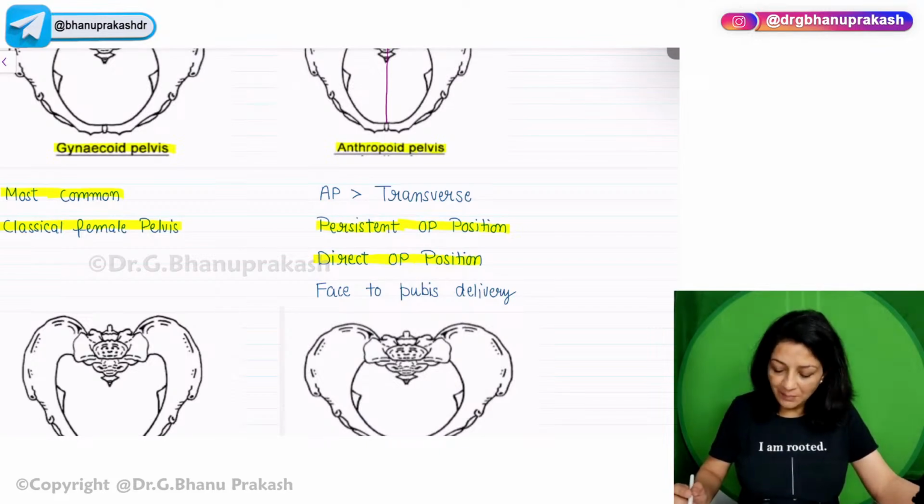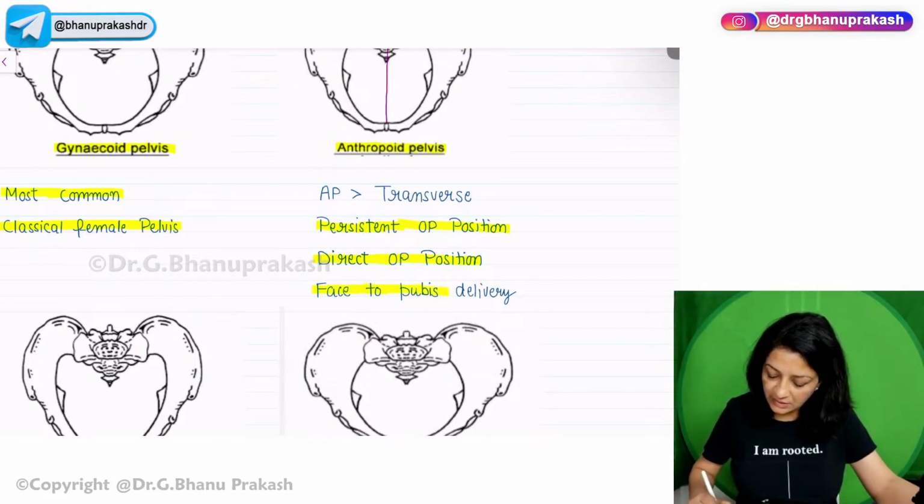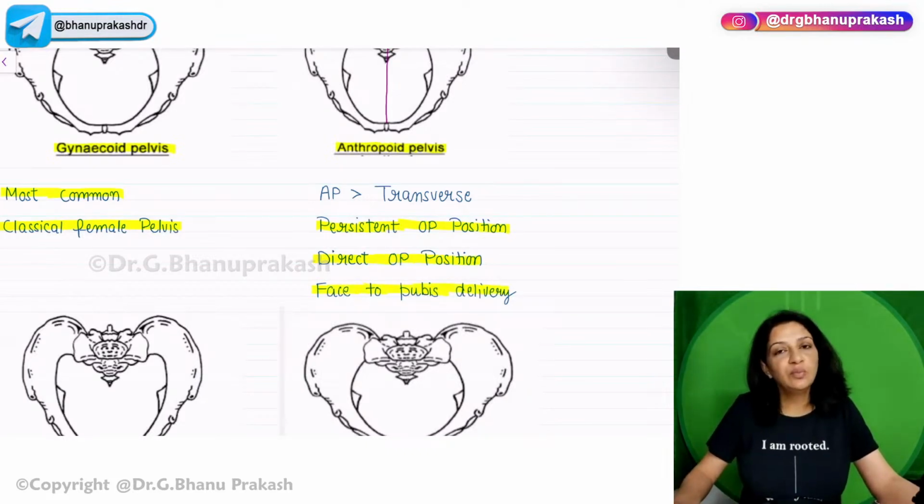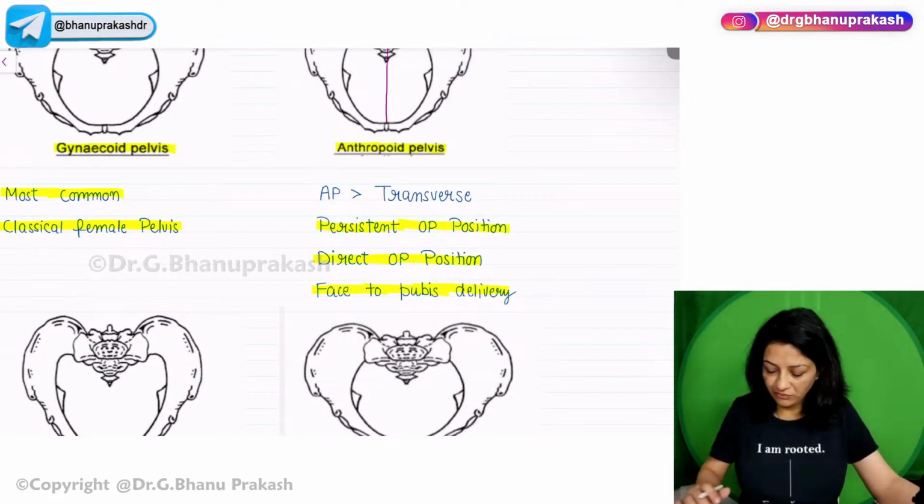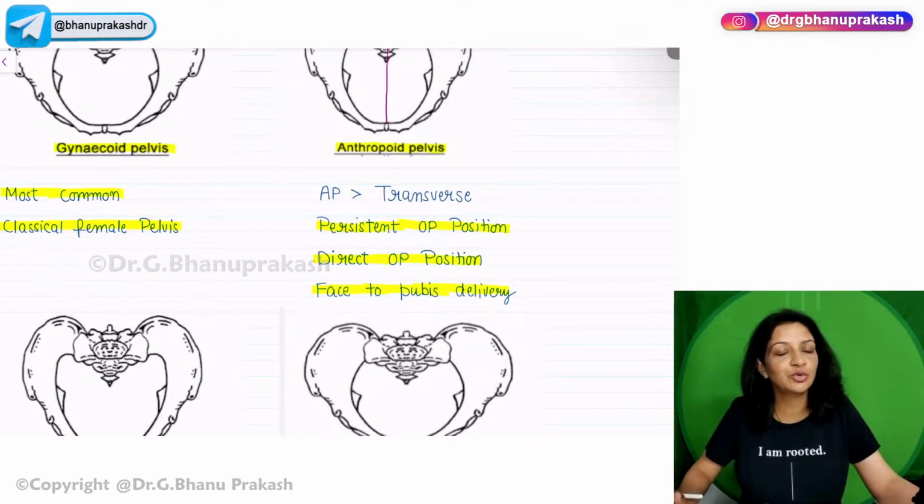Please remember, your answer will be anthropoid pelvis. Face to pubic delivery is also seen in anthropoid pelvis.